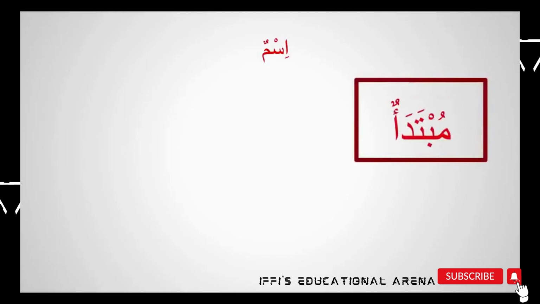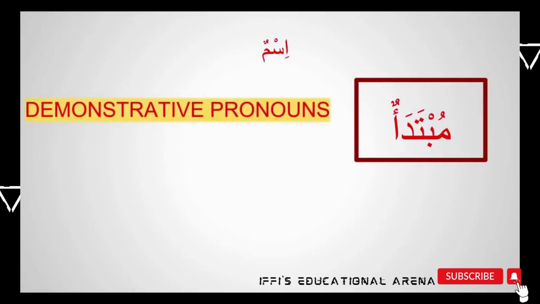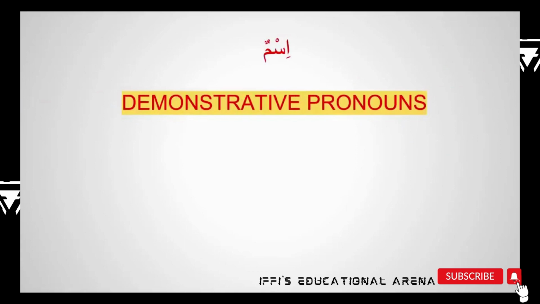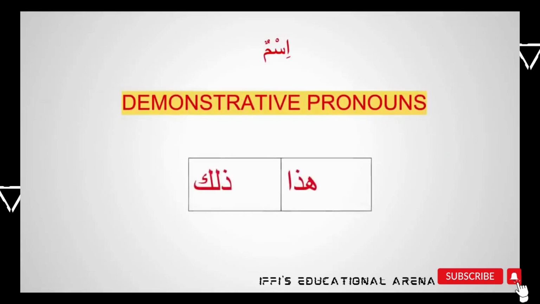The other words that can come as a Mubtada, which we're going to learn today, are demonstrative pronouns. So what are these demonstrative pronouns? These are the two words which we'll be learning in these classes. One is called HADHA and the other is called ذَلِكَ.